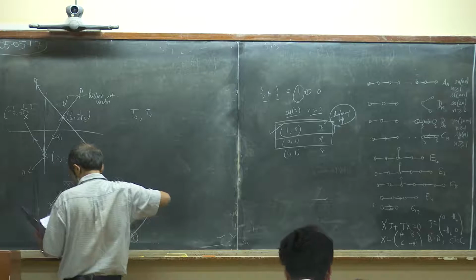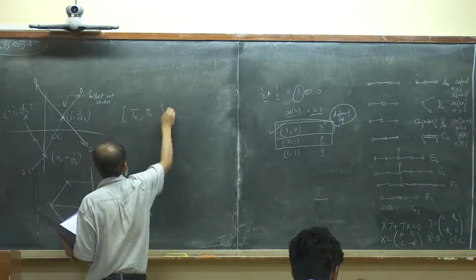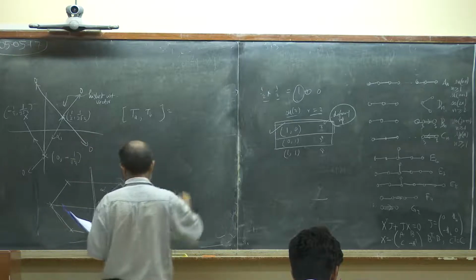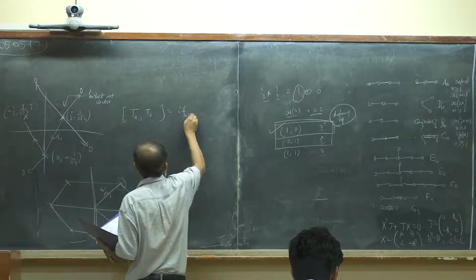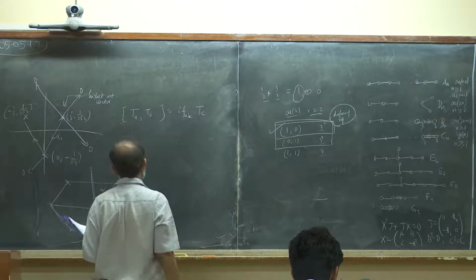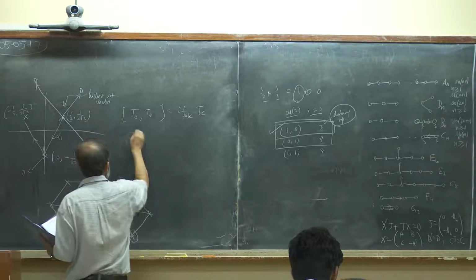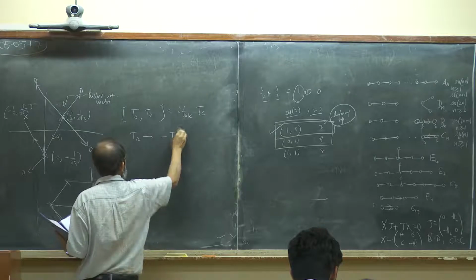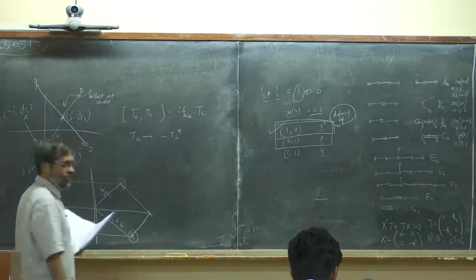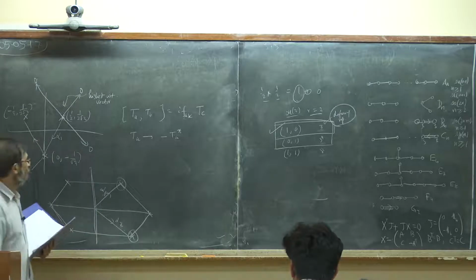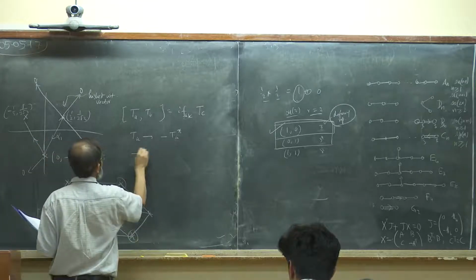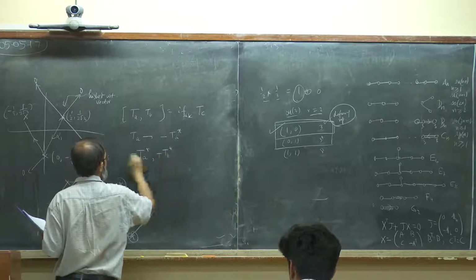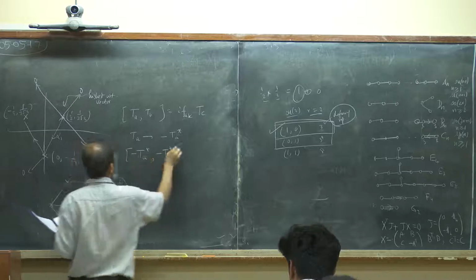Most generally, if you have in some representation matrices TA, TB with this structure constant, you can clearly show that if you, instead of these matrices, consider these matrices, they have the same commutation relation. Let's check whether this is true.